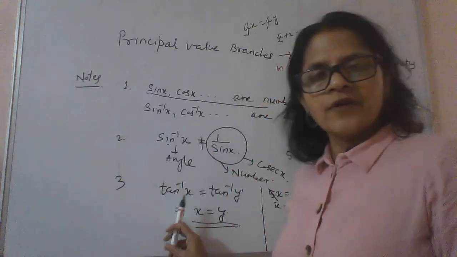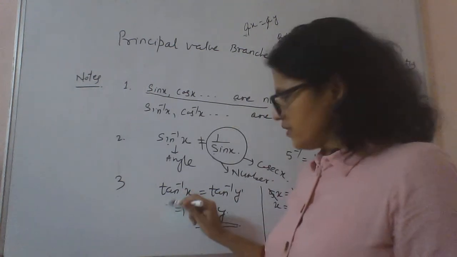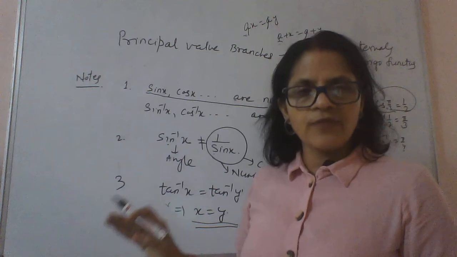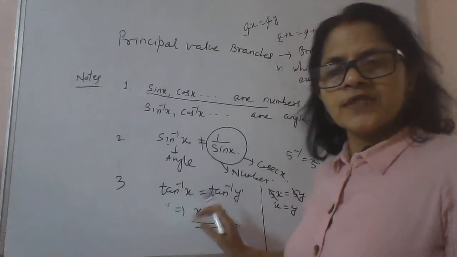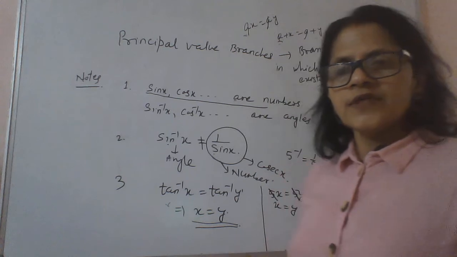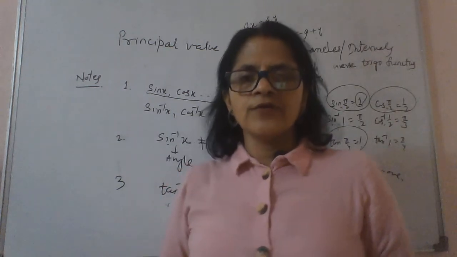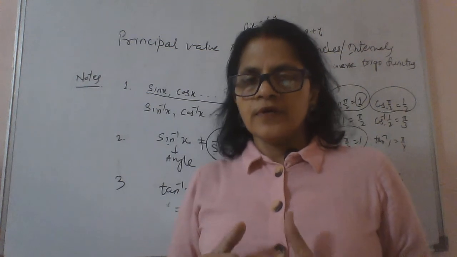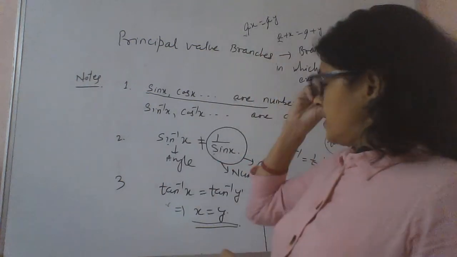But here none of these two things work. Here the concept is that the function is 1, 1, so whenever the images are equal, the pre-images will be equal. So these are some of the basics. You really have to be very careful so that whenever you solve questions, you can be very confident. So what did we study till now?